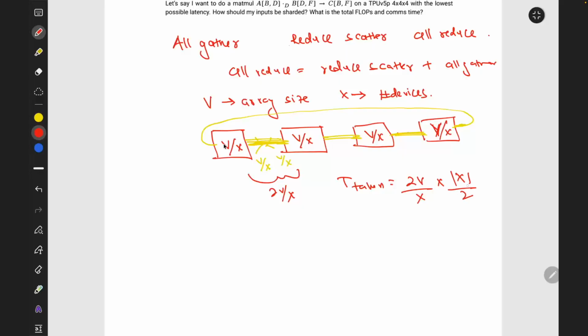The number of hops is, for a given number of devices, how long it takes for data to get transferred to all the devices. As it is bidirectional, it will take X by 2.